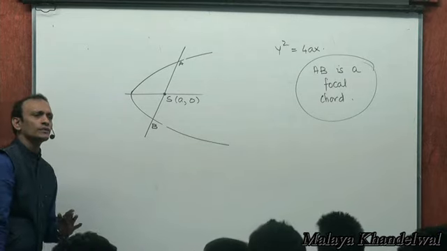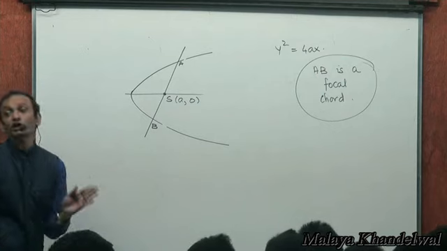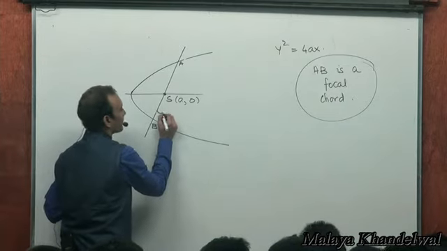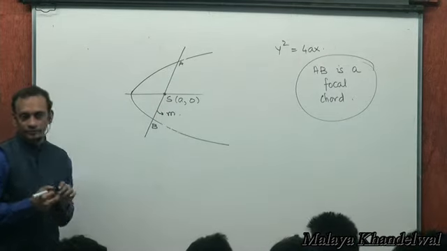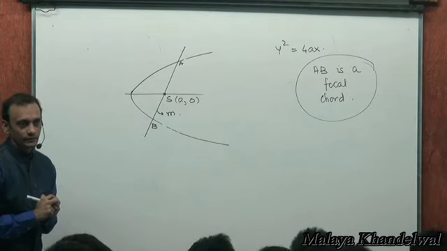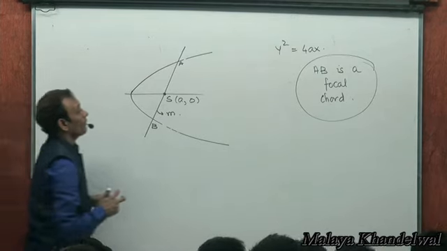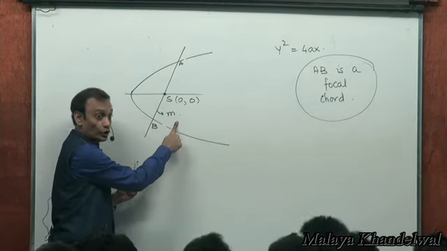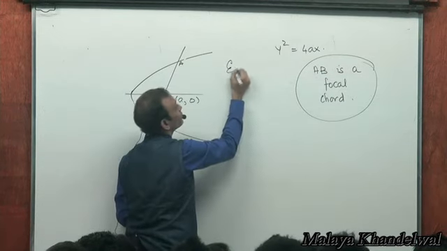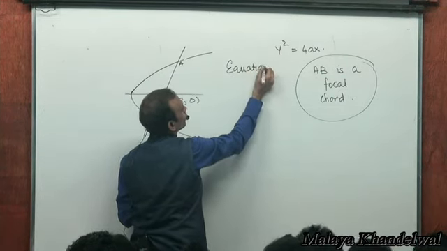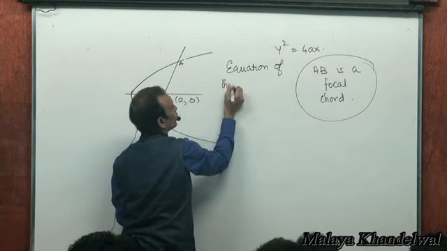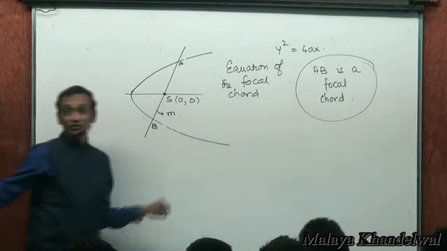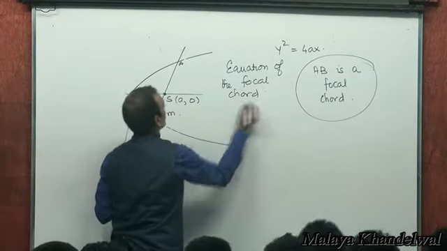Different focal chords will all pass through S, but will differ in slopes, right? So if this is the slope m, then the equation of the focal chord is going to be y minus 0 equals m into x minus a.